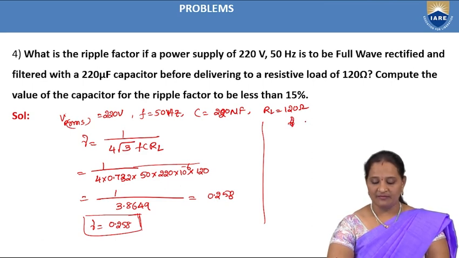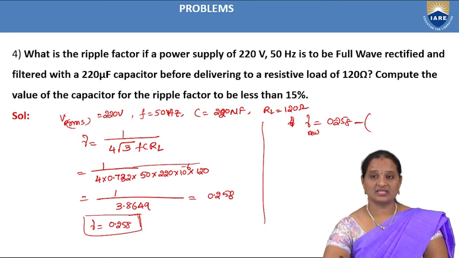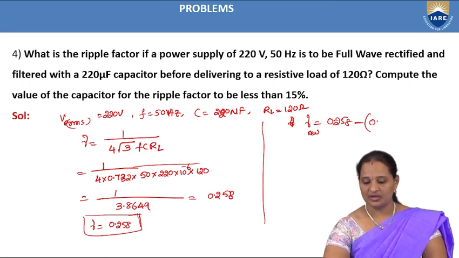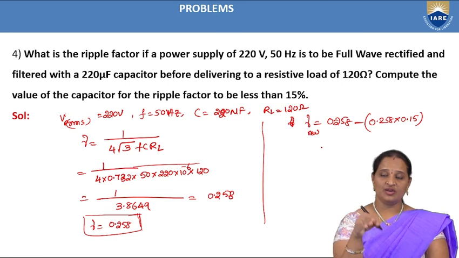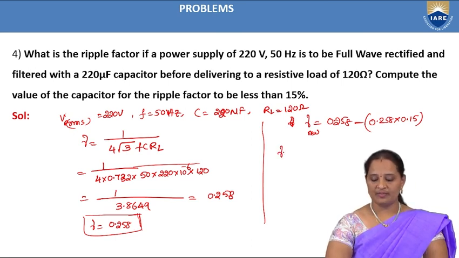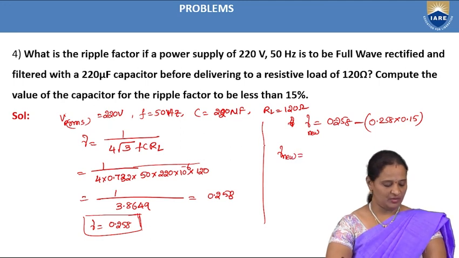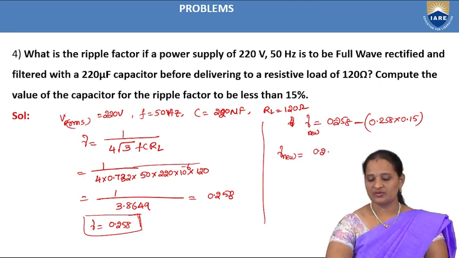That is 0.258 minus 15% of 0.258, into 0.15. So 15% means 0.15. We are finding the new ripple factor which is 15% less than this one. So the new ripple factor can be obtained as 0.22. So this is my new ripple factor.